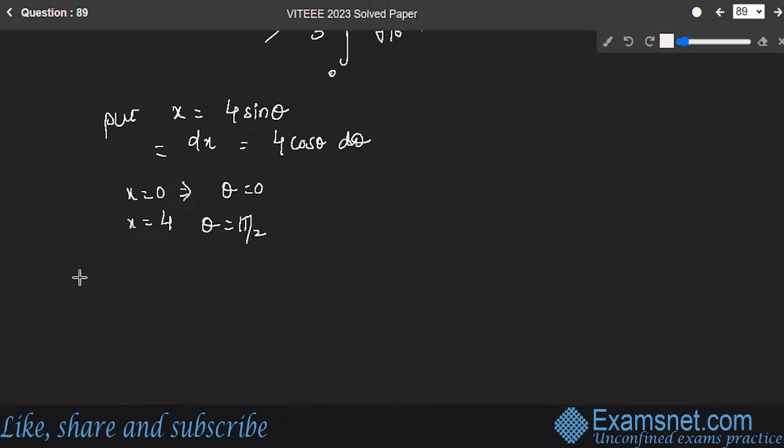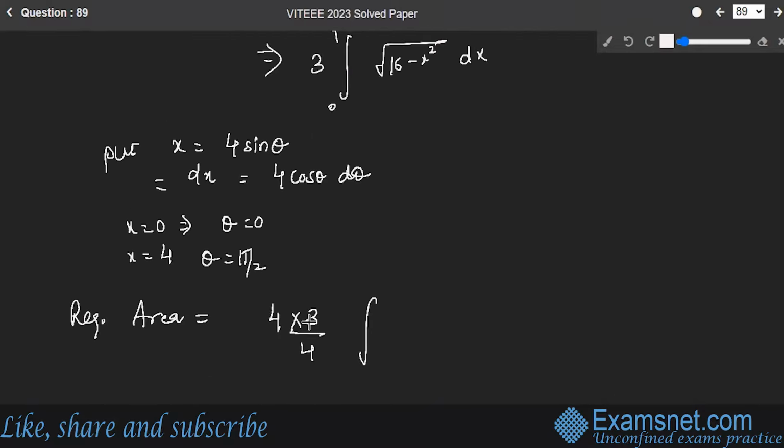Now let's change them. So required area becomes 4 into 3 by 4 integral of 0 to pi by 2 root of 16 minus 16 sine square theta into 4 cos theta d theta.